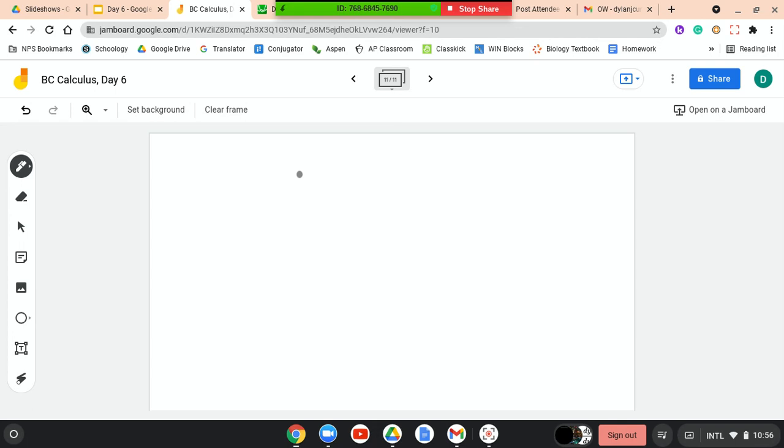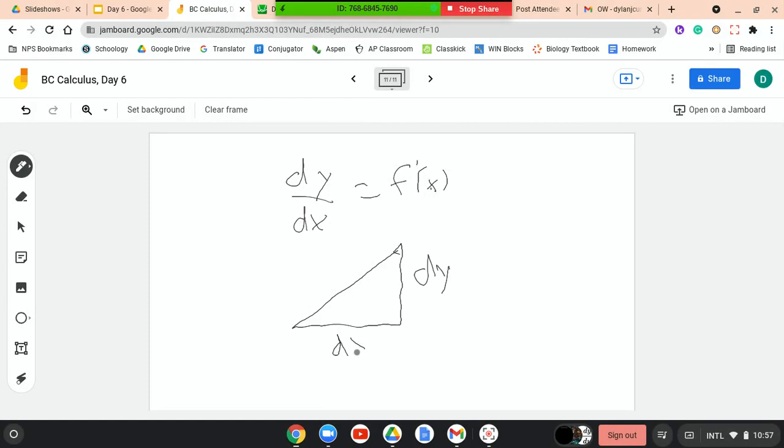But remember how on Friday we said that all a derivative is, is dy over dx, a tiny change in y divided by a tiny change in x, because as we zoom in close to a function, it's going to look like a line. So we just find the derivative by taking the tiny change in y and dividing it by the tiny change in x.